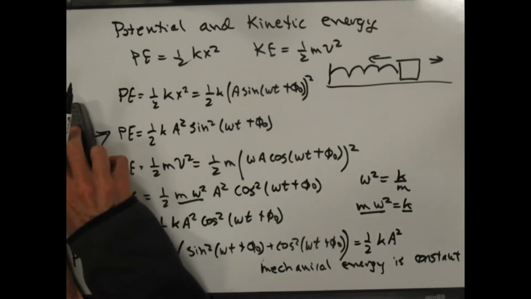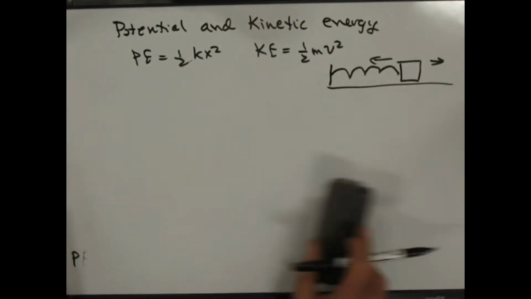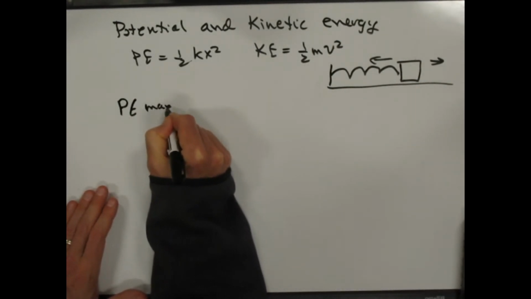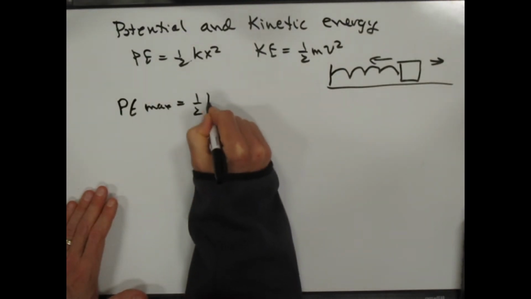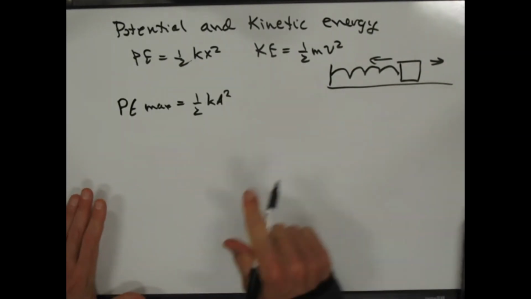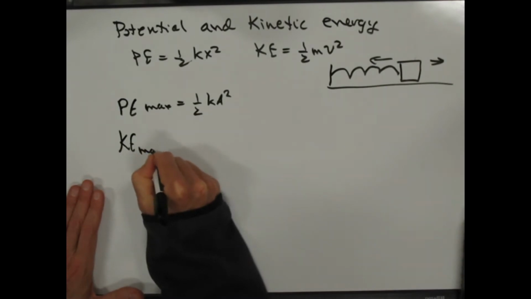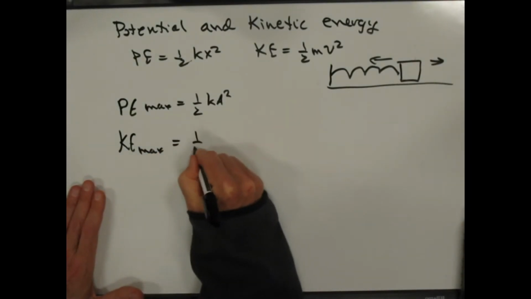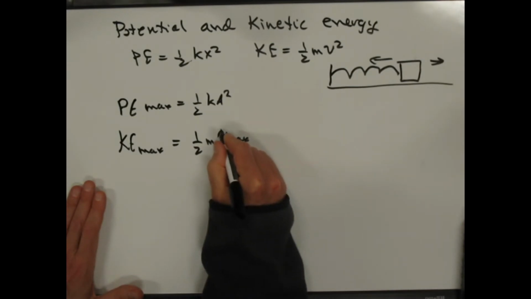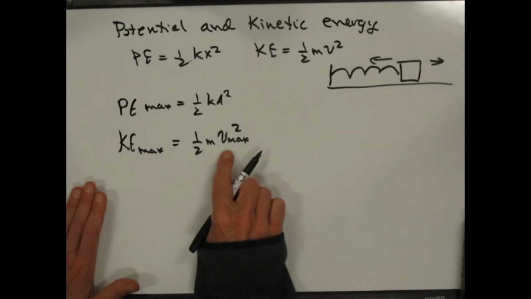In other words, the total energy is the same thing as the potential energy when there's no kinetic, but I can also calculate the maximum kinetic energy. Which is just 1/2 times m times the maximum velocity squared.